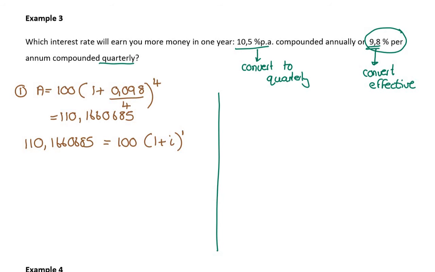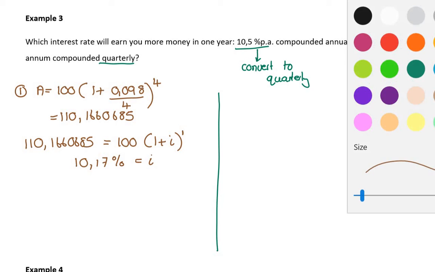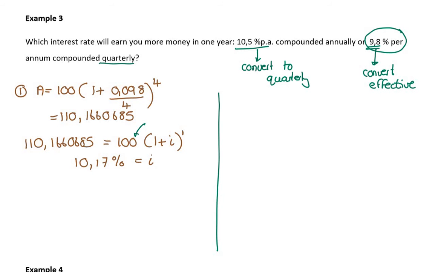So I would divide by 100, I would subtract 1, I would then multiply by 100 to get a percentage, and you will get 10.17% is i. So just to tell you how I got that, I divided by 100 on both sides, then I got rid of the 1, and then I had to get a percent. So I times by 100.